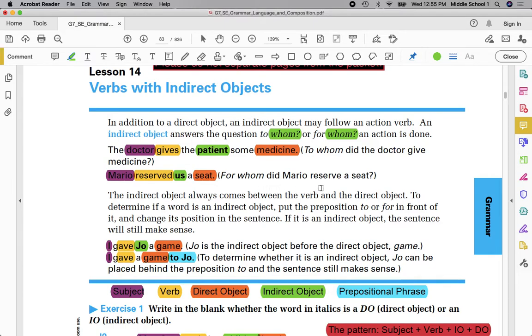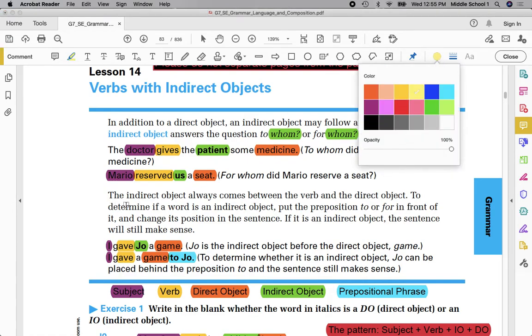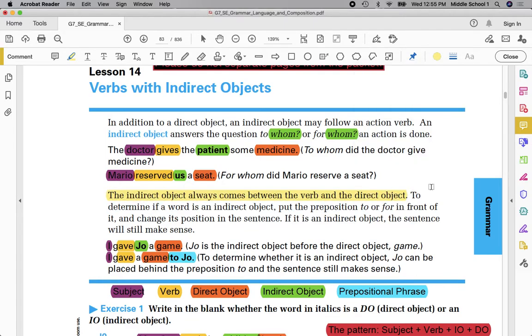The sentences do not need to contain an indirect object, but if they do, it will follow that pattern. Again, the indirect object always comes in between the verb and the direct object. That's this pattern that I have here in red, and this is an extremely important sentence to remember.